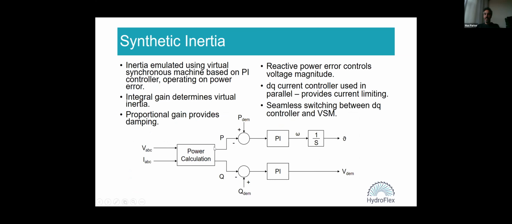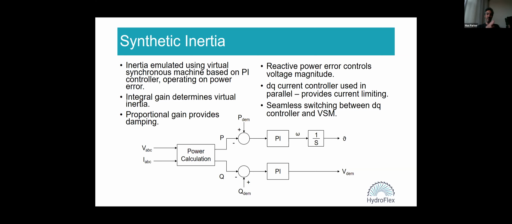So finally, I'll touch on synthetic inertia. This could be something kind of useful because you're taking a grid system that's potentially low inertia, you're taking a hydroelectric turbine with quite a high inertia and then just putting it behind a converter.